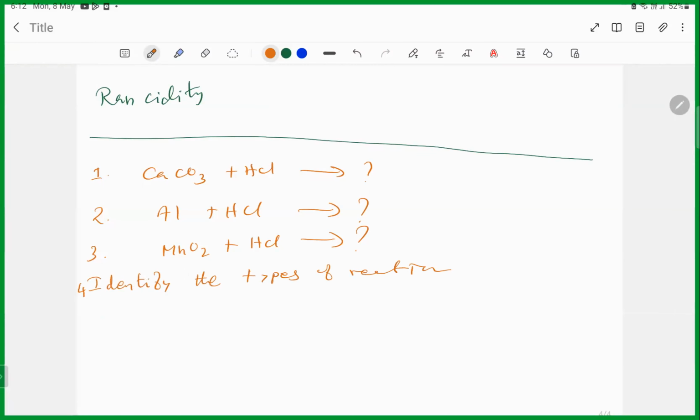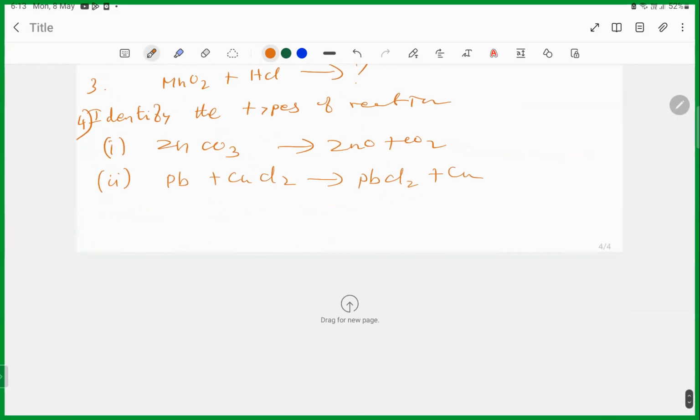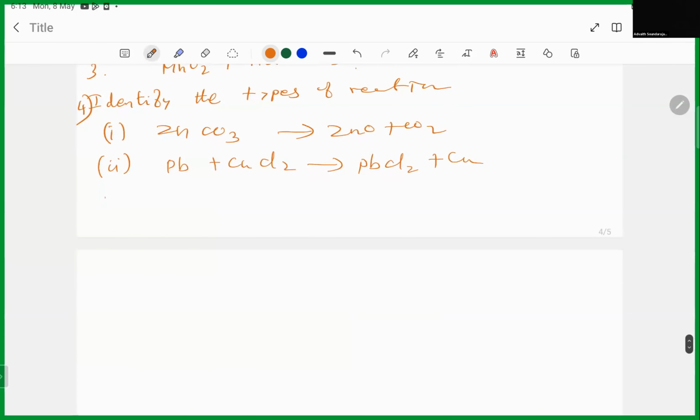Okay, the fourth question. First, zinc carbonate gives zinc oxide plus carbon dioxide. Number 2, lead plus copper chloride gives lead chloride plus copper. Number 3, sodium bromide plus AgNO3 gives sodium bromide plus NaNO3.